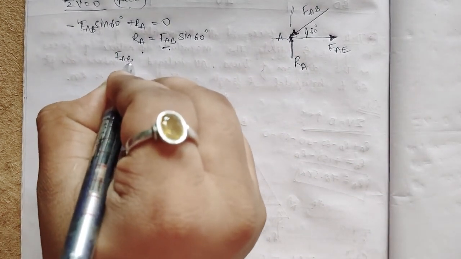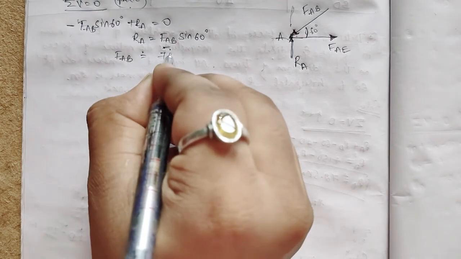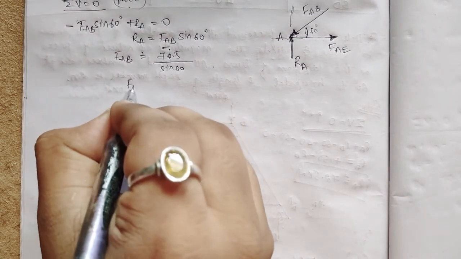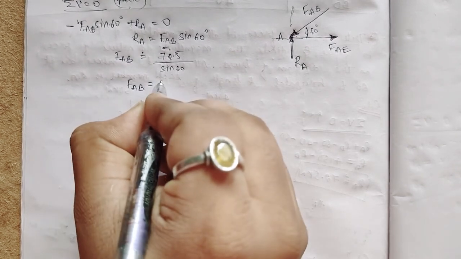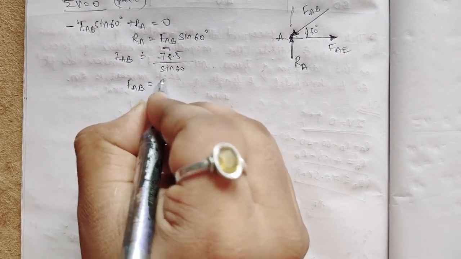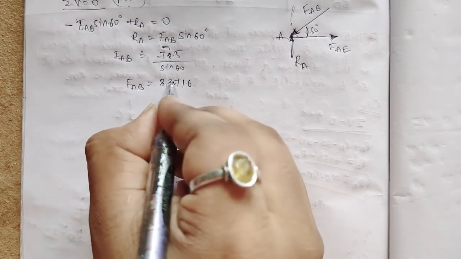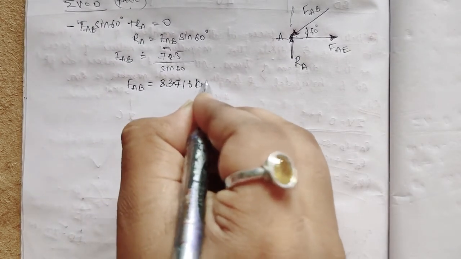So what I need here is FAB. FAB is equal to 72.5 divided by sine 60. When I divide by sine 60, it will be 83.716 kilonewton.